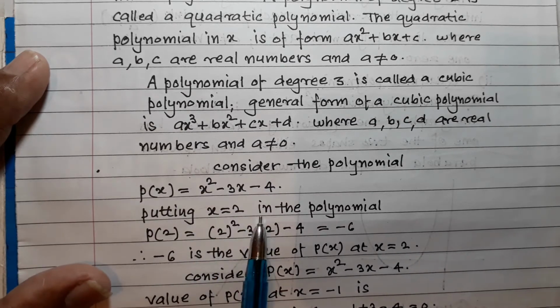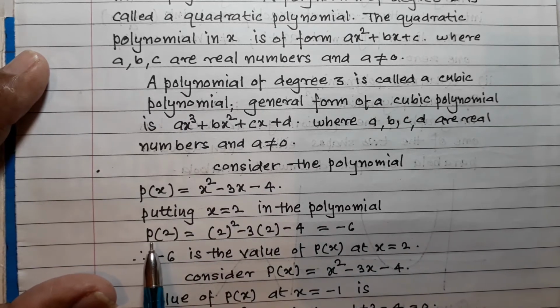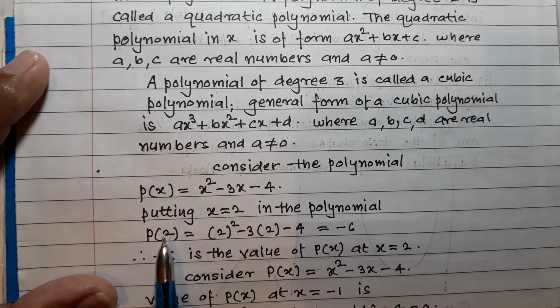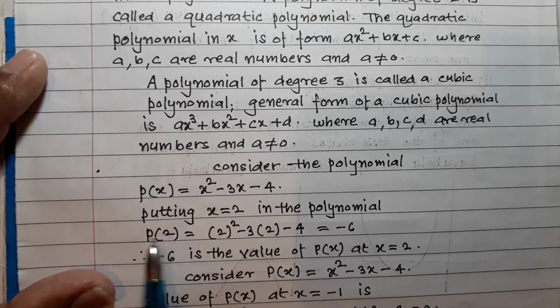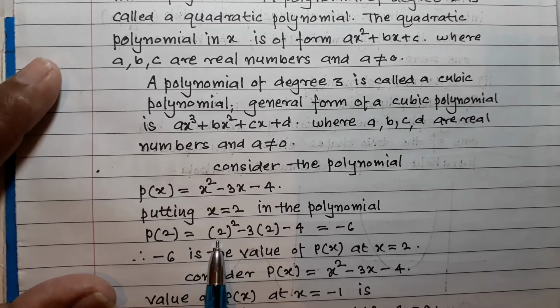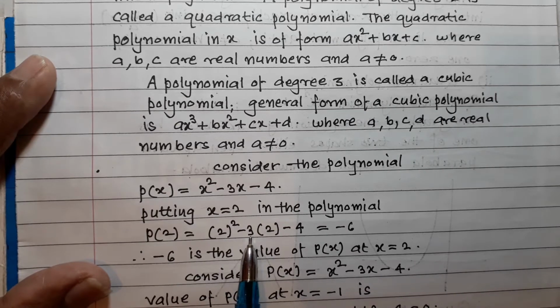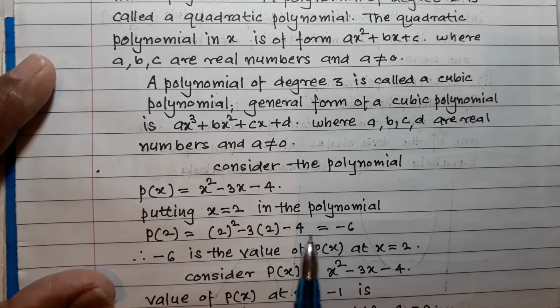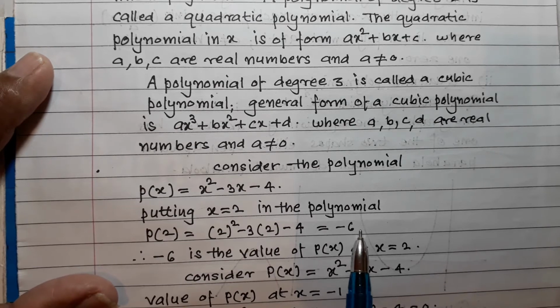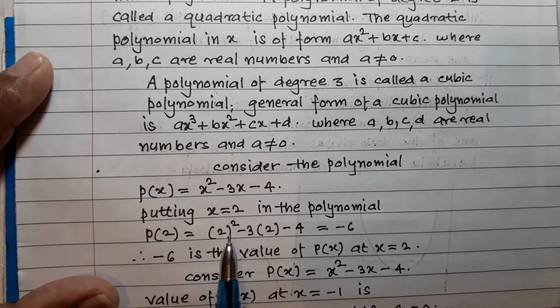For x you substitute 2. So P(2) is equal to 2 square minus 3 into 2 minus 4, which gives you minus 6. So minus 6 is the value of this polynomial at x equal to 2.